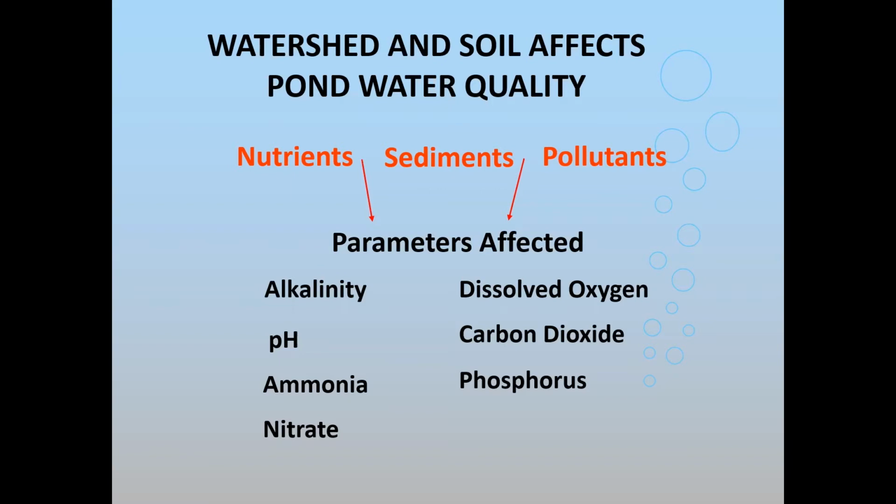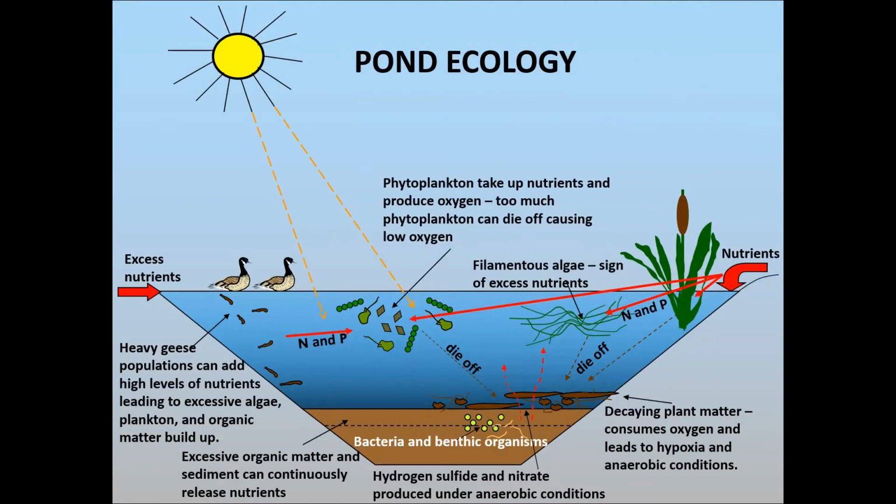And then there could be other chemicals perhaps that are applied to the watershed, could be herbicides, road salts, whatever the case may be. But all these things are going to impact the water quality. That includes such things as the oxygen levels in the pond, carbon dioxide, the pH, the alkalinity, as well as the nutrients, certainly. So it's important to look at a pond as its own ecosystem.